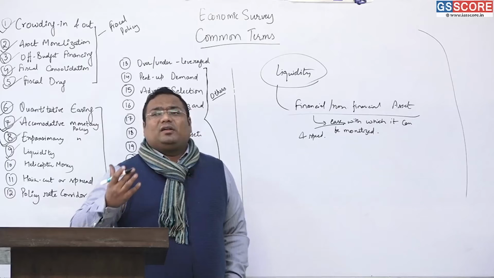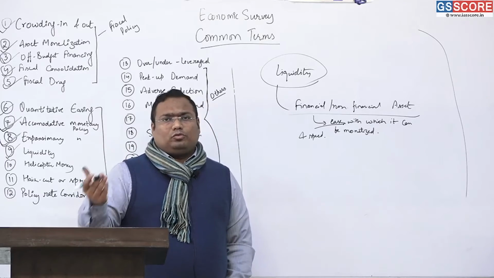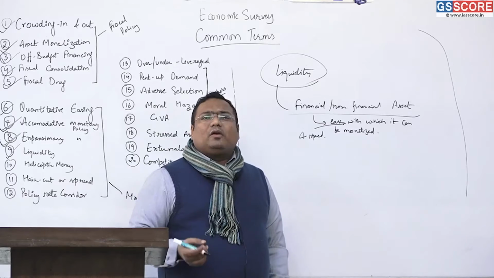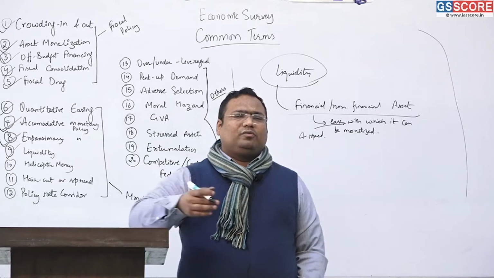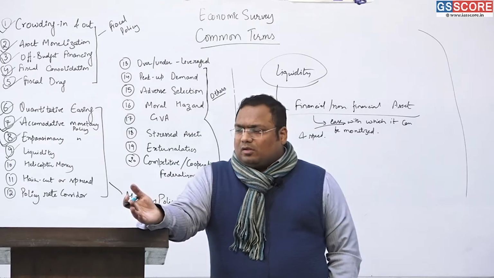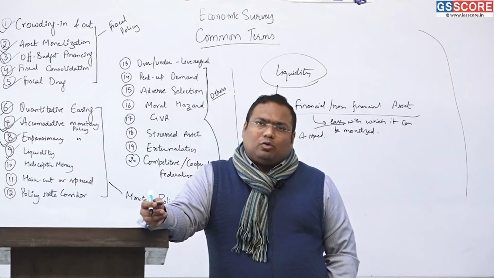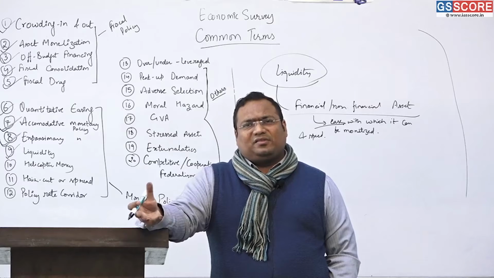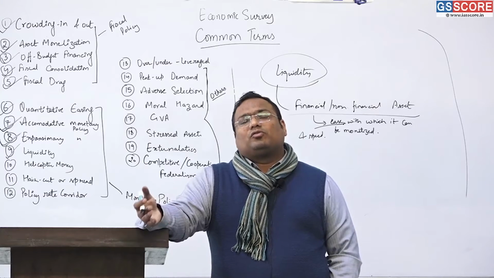Now your financial assets are even more liquid. Those were the examples of physical assets. Financial assets are even more liquid because their prices are announced every day or they are changing every second on the stock exchanges. So you can sell your shares anytime, if you have company stocks.